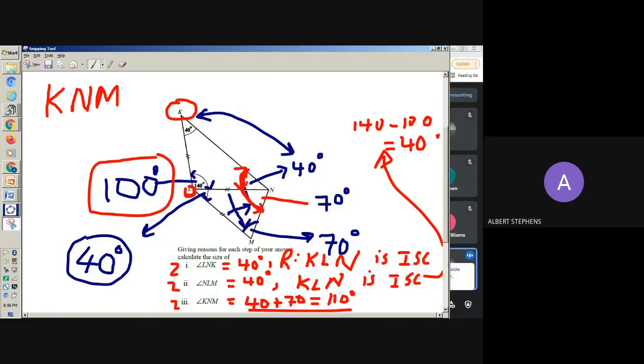So it will be the 40 plus the 70. What you thought the answer would have been, just the 70.